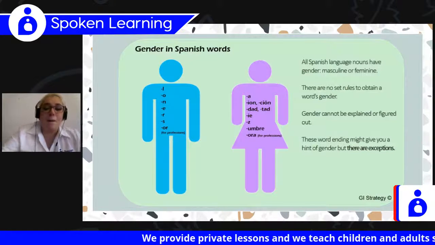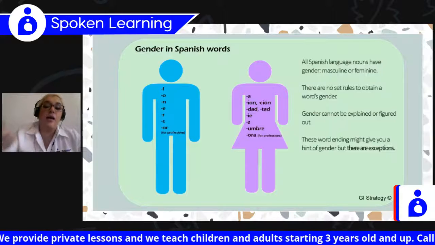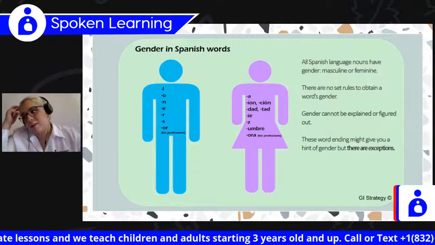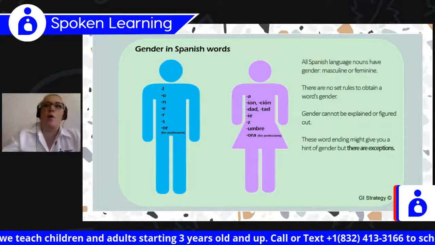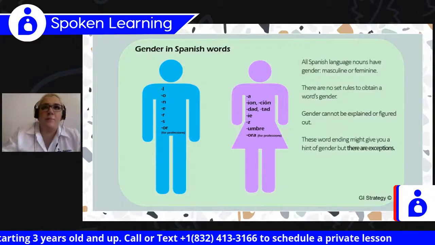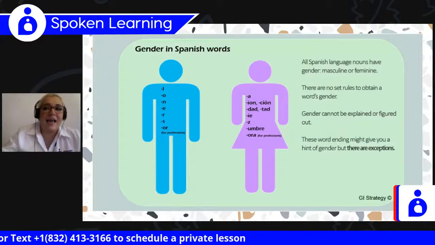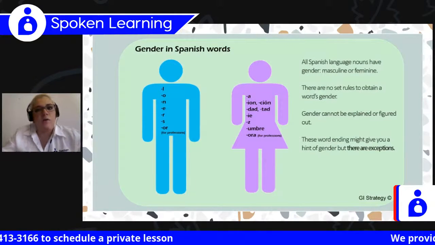Word endings might give you a hint of gender, but there are exceptions, okay? For example, it's really common, the word agua, water. Agua is supposed to be feminine, but we don't say la agua. We say el agua, okay?